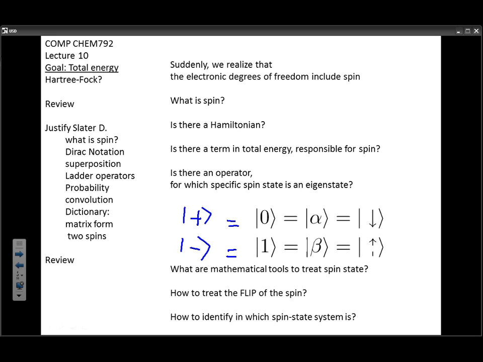So we need to be able to treat this coexistence. We need to be able to describe how the system converts from one spin state to another spin state, if it ever occurs in nature.